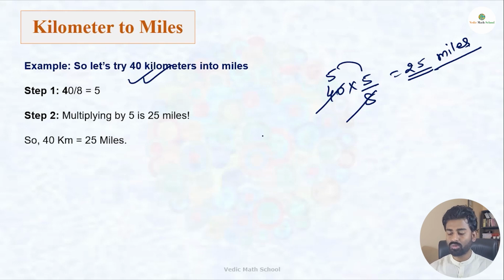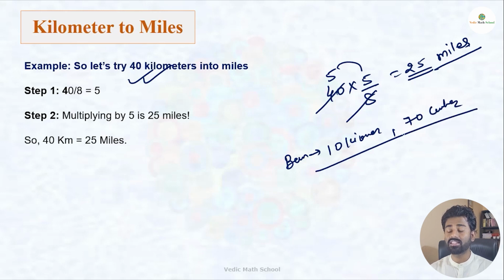Now let's take one more example. Suppose you are visiting a place and you calculated the distance. By bus you calculated 10 kilometers and by car you calculated 70 kilometers. So what is the total distance in miles? First we have to add 10 kilometers of bus distance and 70 kilometers of car distance.